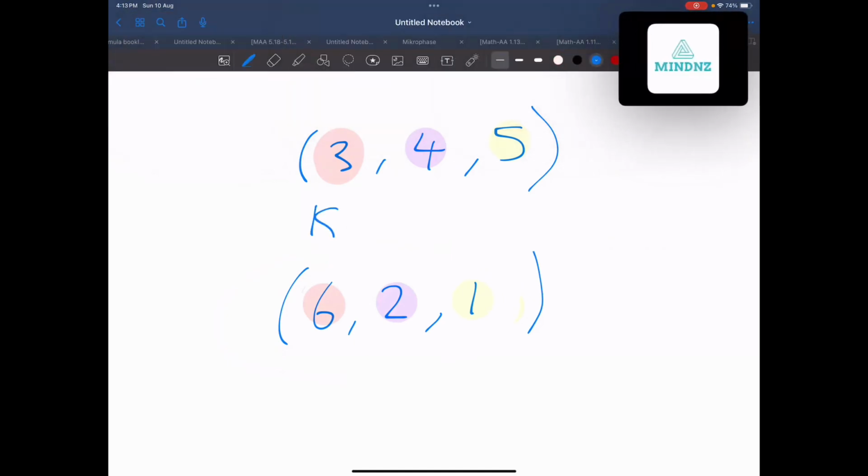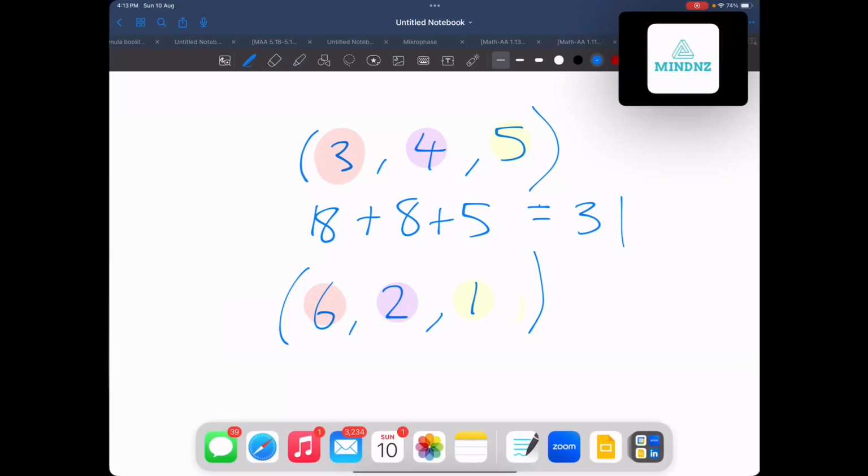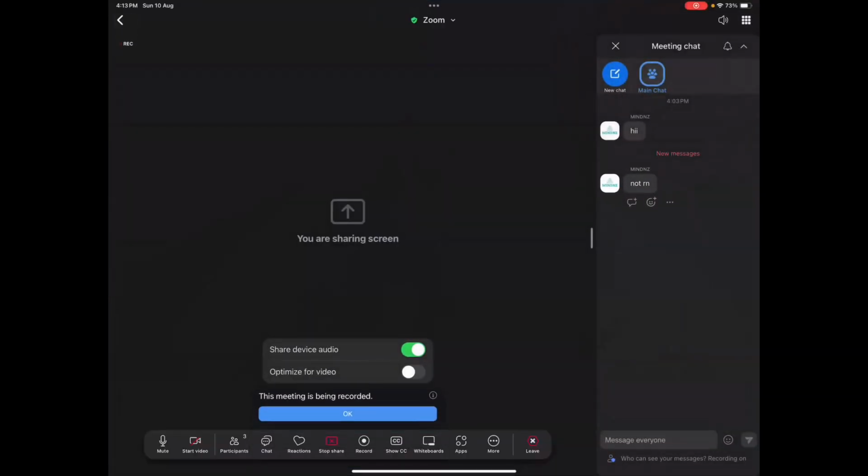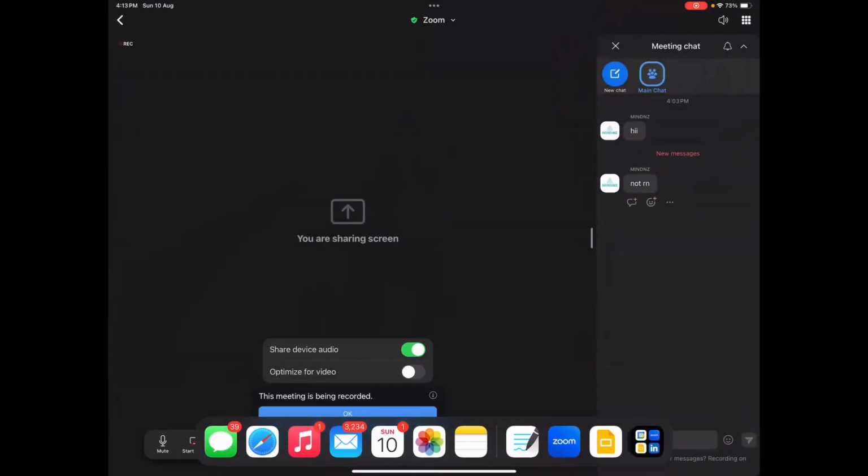That would give us 18 plus 8 plus 5, and that's going to be 31. So for our maximum, we found 41, and for our minimum, we found 31. This is an example of how the rearrangement inequality can be used to quickly see which way is going to produce the highest sum.